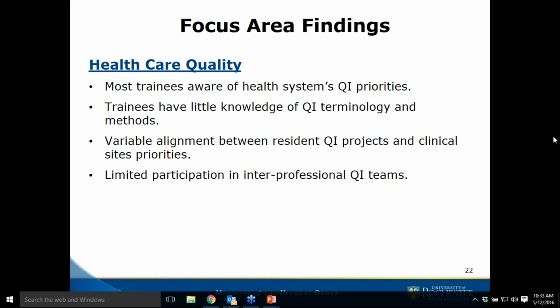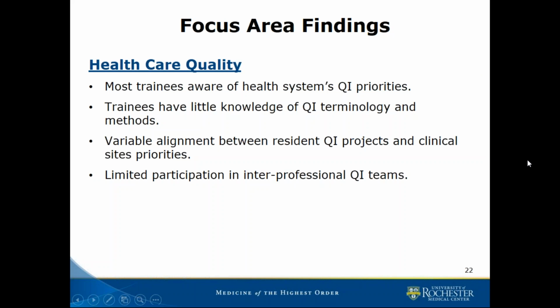Again, because it's a requirement for accreditation, many residents were told they needed to do a quality improvement project, and they felt it was a requirement, so they would start something, sort of check the box, but they didn't follow it through. Whatever they came up with wasn't a major priority for the hospital or the institution, so it often died.